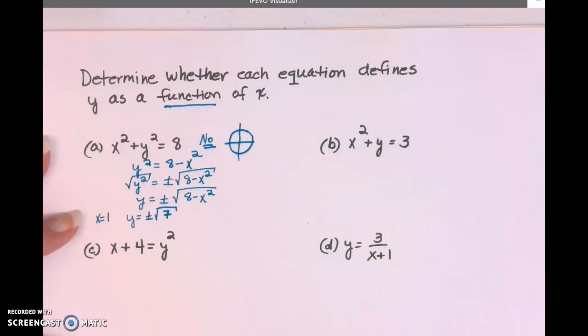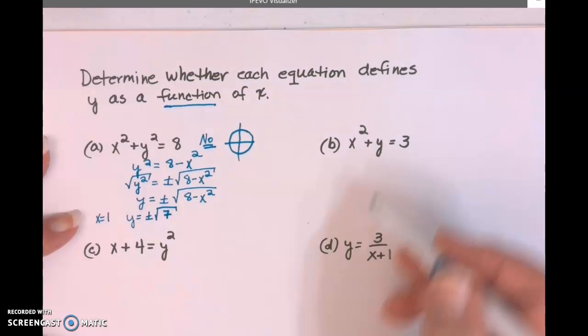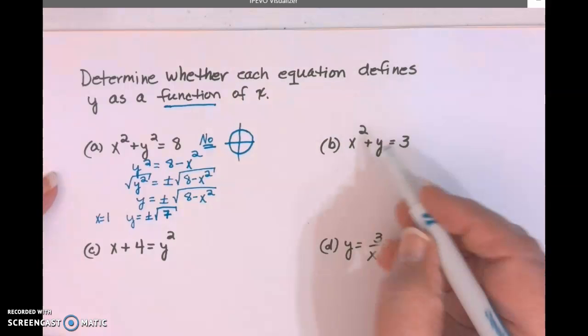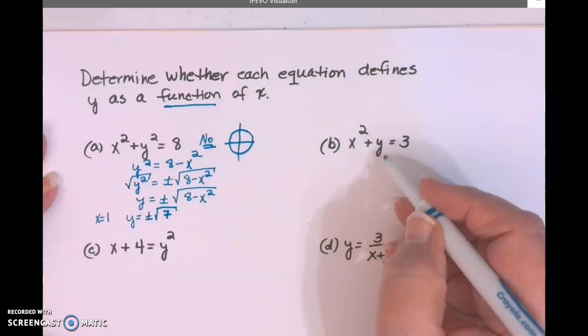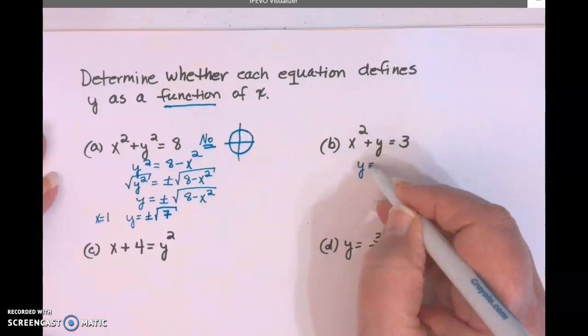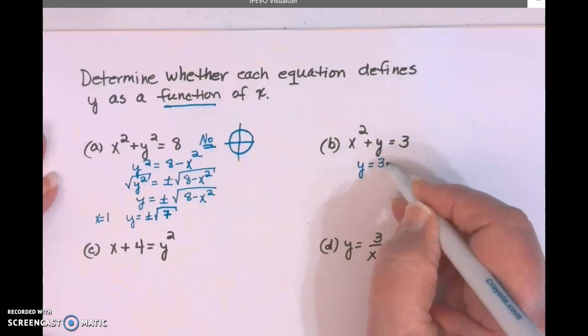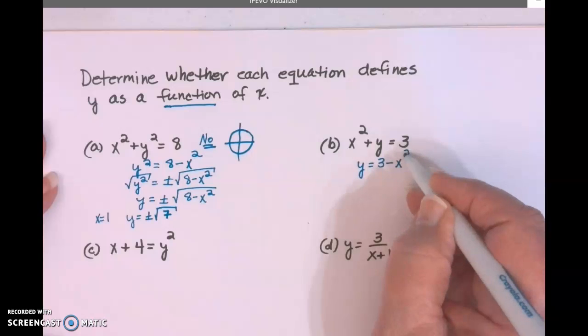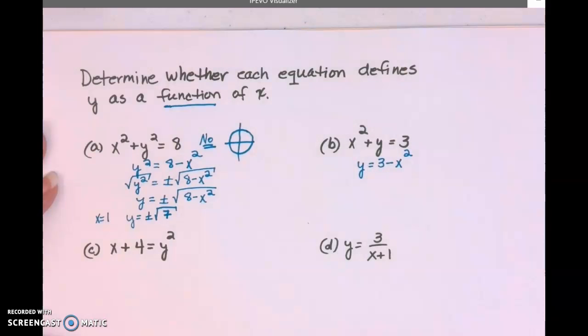So in part B, we've got x squared plus y equals 3. Solving for y, we subtract x squared from both sides again. Now we have y equals 3 minus x squared. Now there's not a square root for us to take this time, so this is all we're going to do.